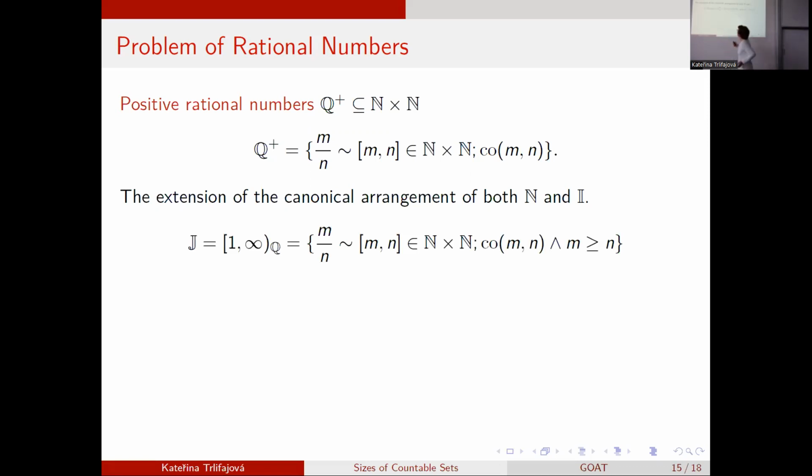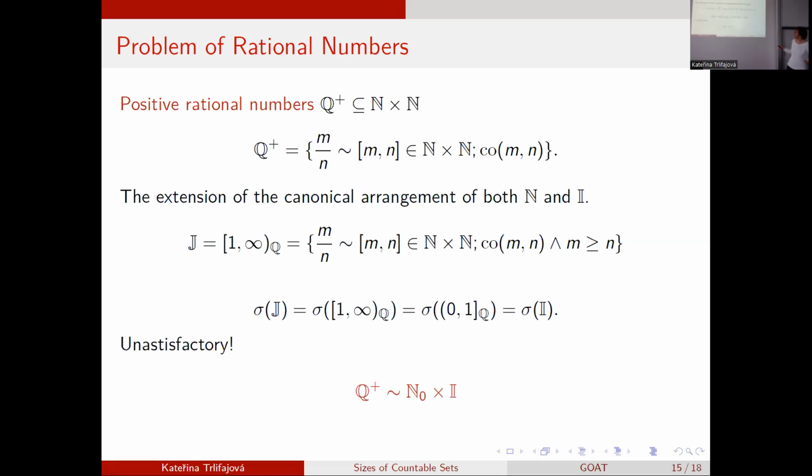However, when we consider the interval of all rational numbers greater than 1, they could be described this way, and it is similar to that unit interval, in fact. And in this description, they would have the same size as the unit interval.